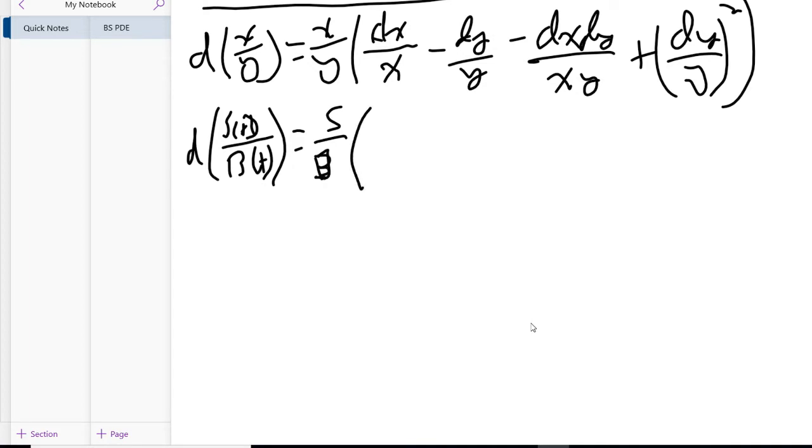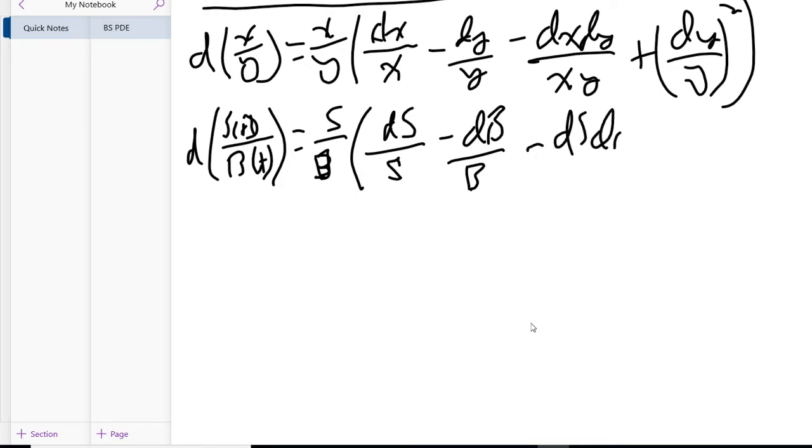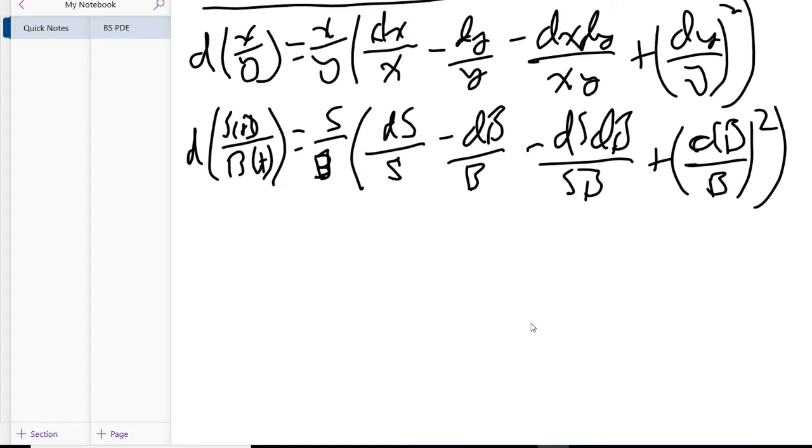So over b times ds over s minus b over b minus ds db over sb plus... Alright, so to simplify this greatly, what do we know already?